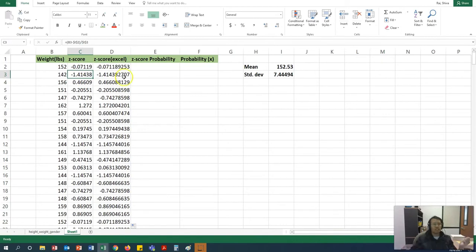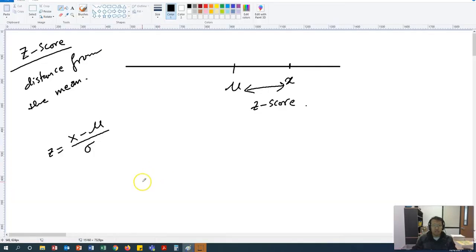Now, z-score probability. Once we have the standard normal distribution, we definitely understand how it will go. Let's suppose this is the normal distribution over here, and suppose your z value is over here. How do you find the area that is over here? Let me just fill this up.